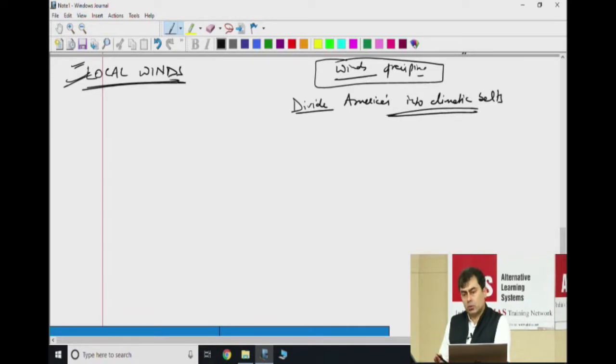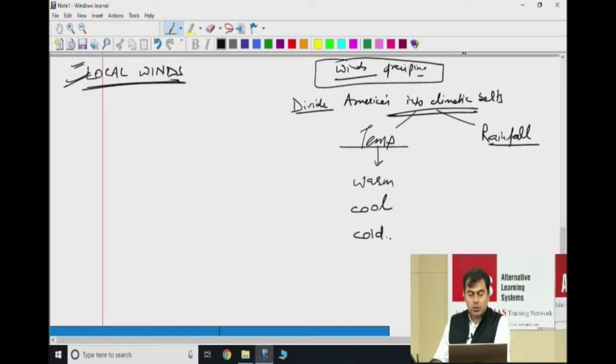I'm going macro, global. So in global terms, a climatic belt should have something to do with heat and something to do with precipitation, rainfall. With heat, I want America to be called warm if it is warm, cool if it is cool, and cold if it is cold.